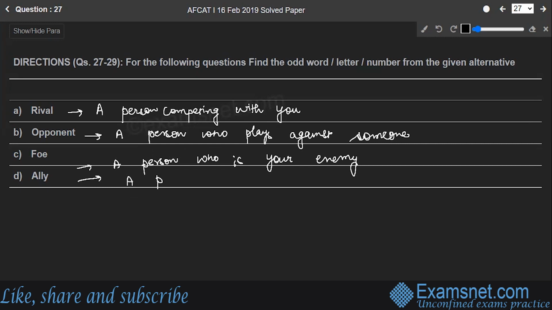Ally is a person who stands for you or supports you when others are against you.